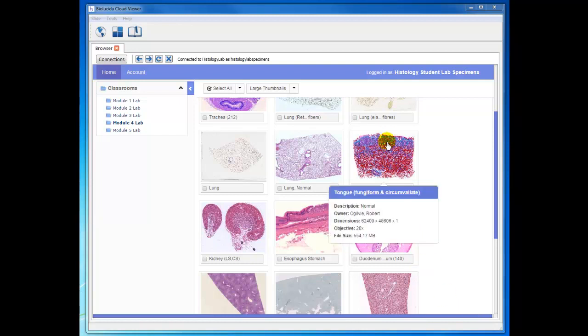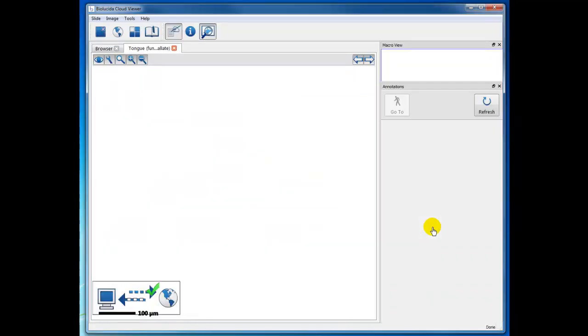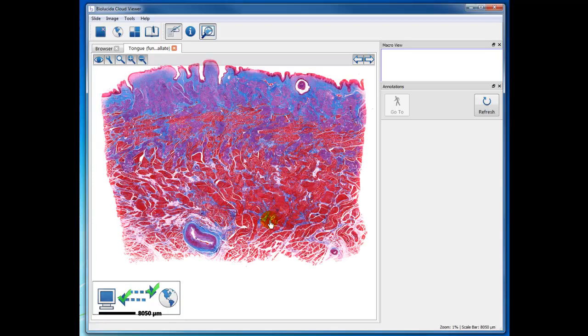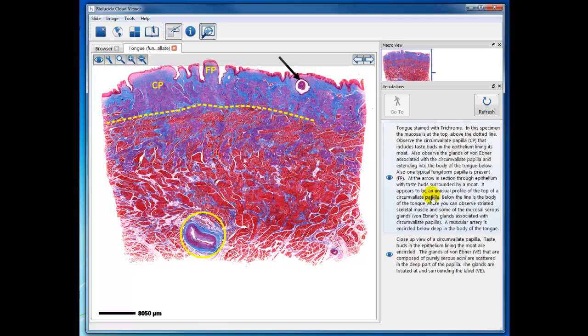This is a tour of the tongue in which you will be able to see the covering of the tongue and the epithelium involved with it, as well as the muscles of the tongue and even some blood vessels. And we have fairly closely labeled this.